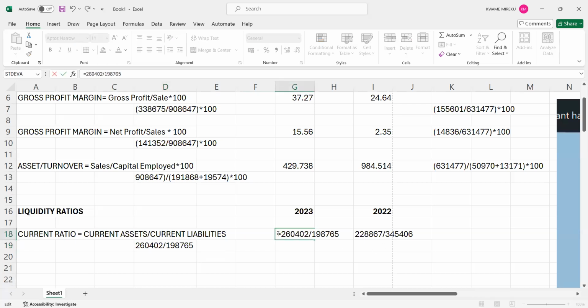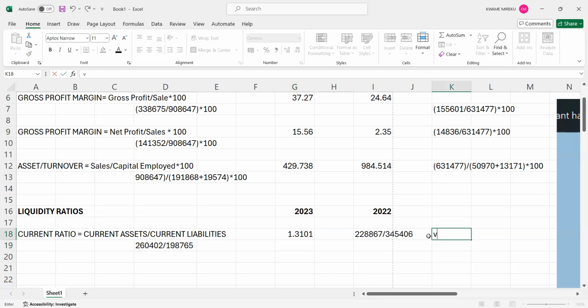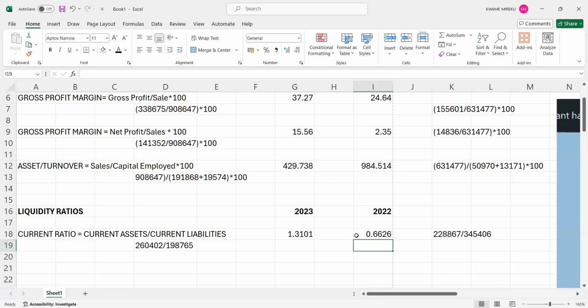This is measured in proportion or in times. So how many times are you able to pay your short-term debt with your current assets? In 2023, as you can see, we were able to cover our short-term debt 1.3 times, or some make it 1.3 is to 1.